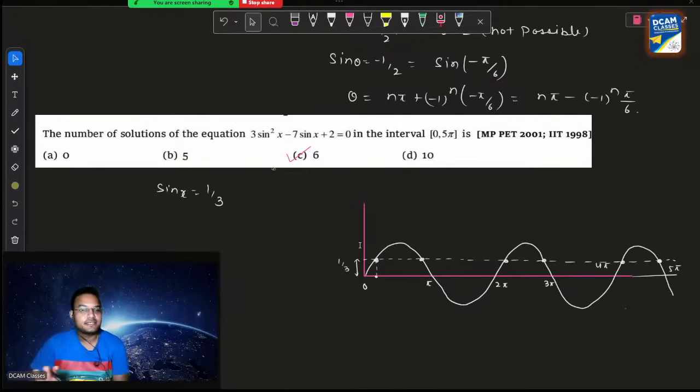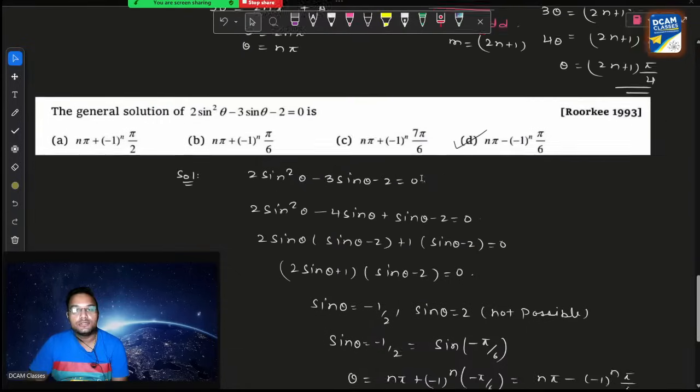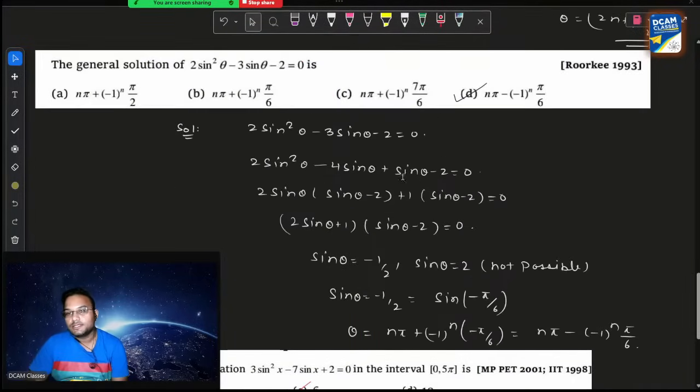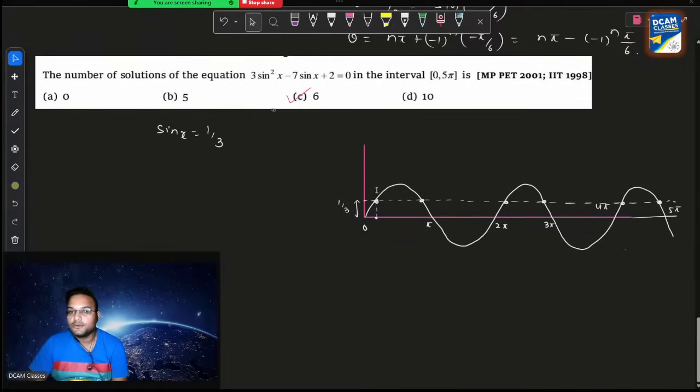The simplest way of solving any trigonometric equation is just to draw the graph. Just draw the graph, find the points of intersection, and you'll get the number of solutions in the specified interval. If they are asking for general solutions like this, use this. Otherwise, if they are asking for the number of solutions, use the graph.